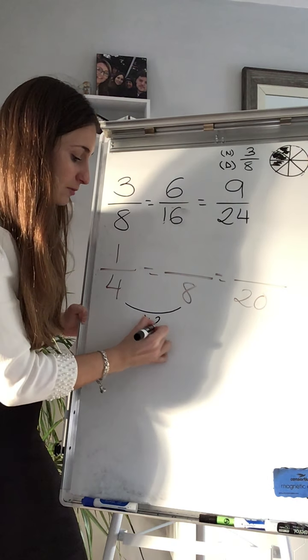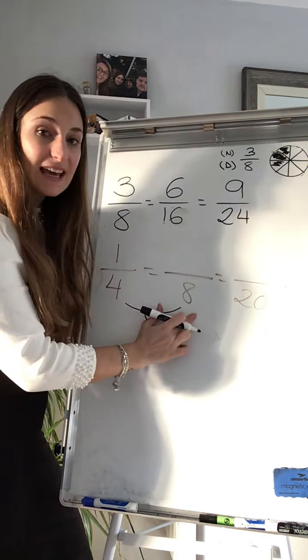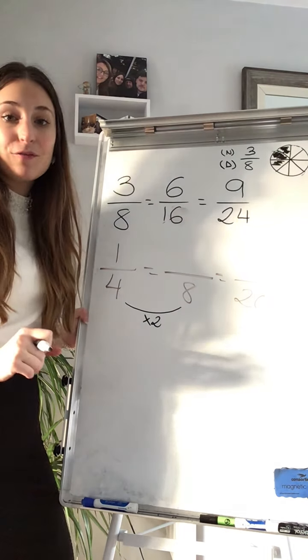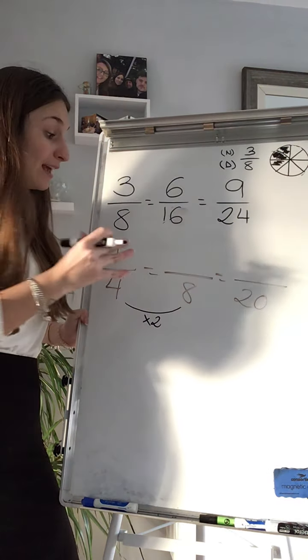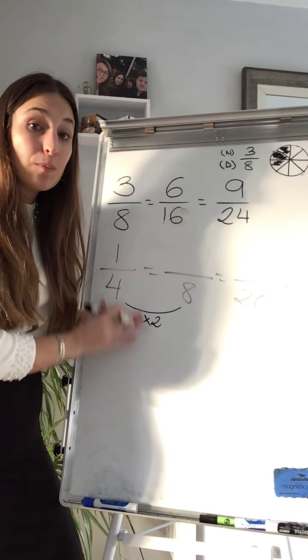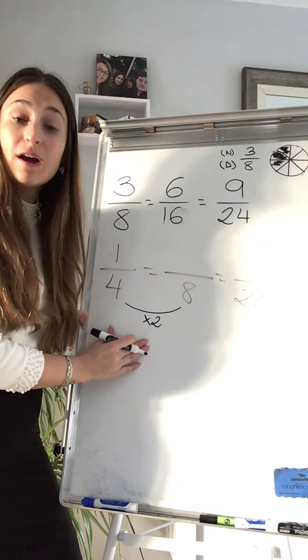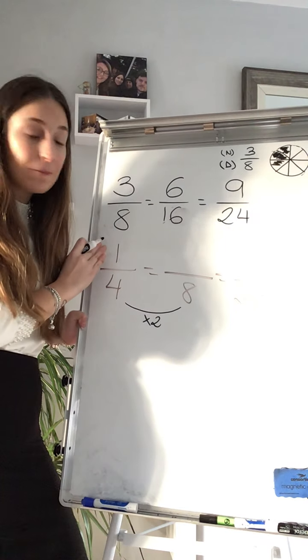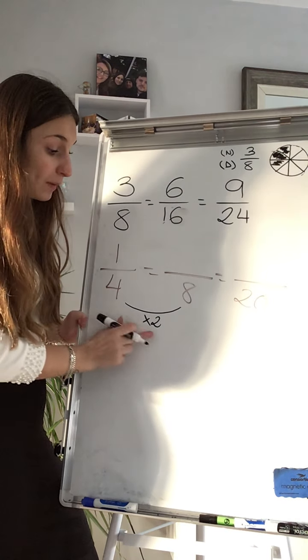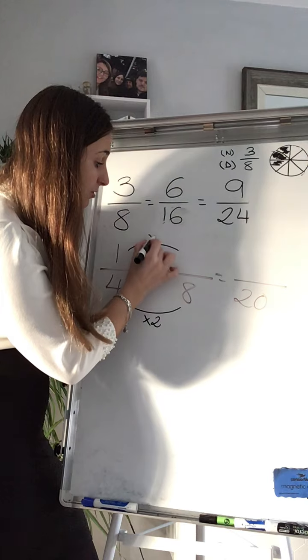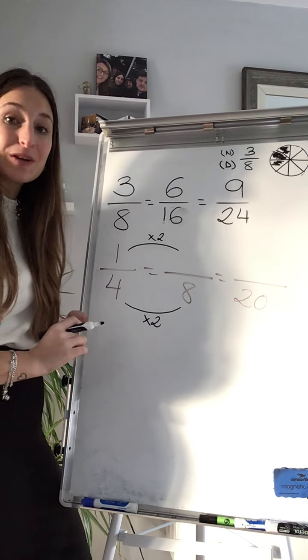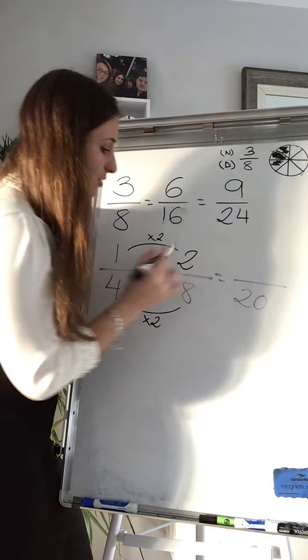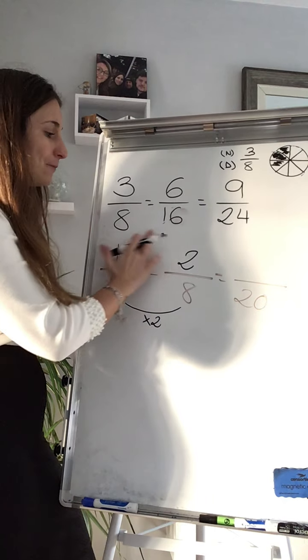That's right, times 2. 4 times 2 is 8. Now my rule for equivalent fractions is, if I'm timing my denominator by a number, to find an equivalent, I need to time my numerator by the same number. If I time 4 by 2, now I need to time 1 times 2, which is 2. Okay?